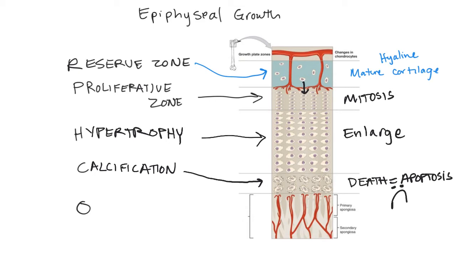But don't worry, because the death of a chondrocyte is the birth of an osteocyte, right? So the zone of ossification then is where the bone is able to replace the dying cartilaginous cells, chondrocytes.